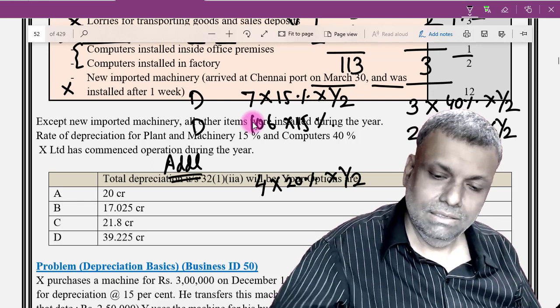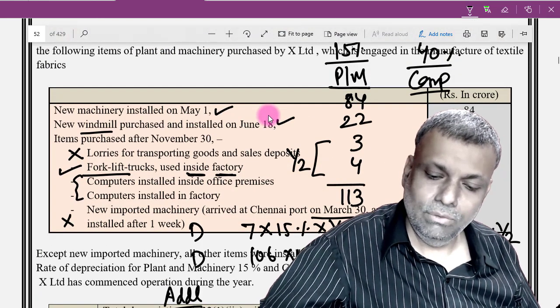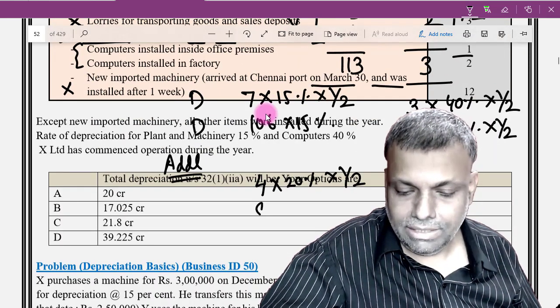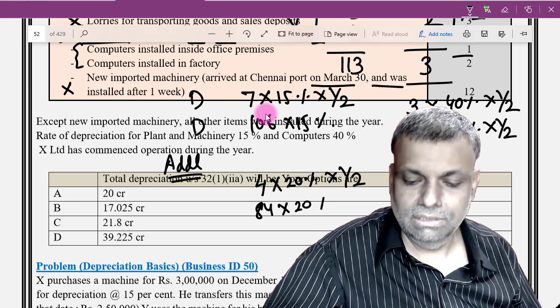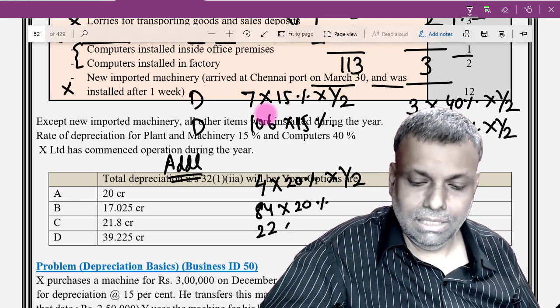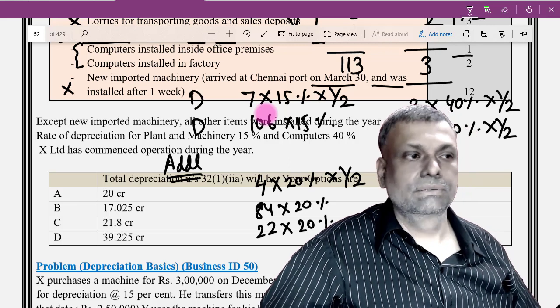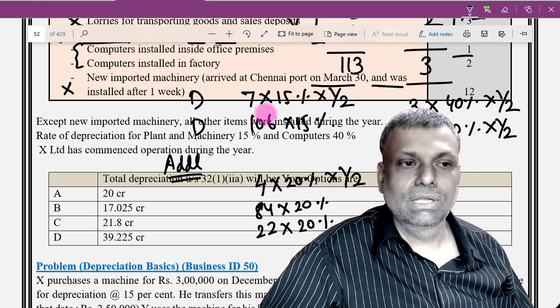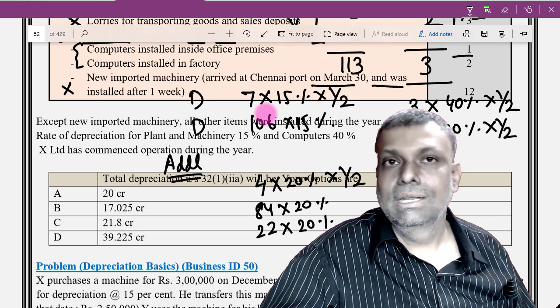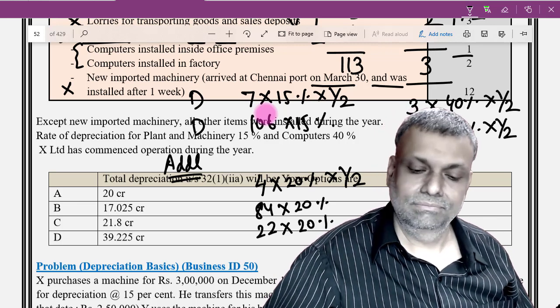Okay, and this 84 and 22, that is full rate. So 84 multiplied by 20% and 22 multiplied by 20%. This is full rate. Okay, this is going to be your total additional depreciation.